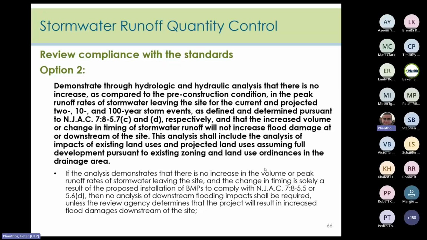This analysis shall include the analysis of impacts of existing land uses and projected land uses assuming full development pursuant to existing zoning and land use ordinances in the drainage area.